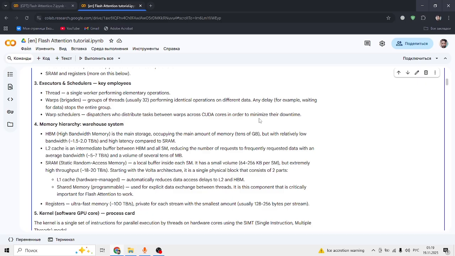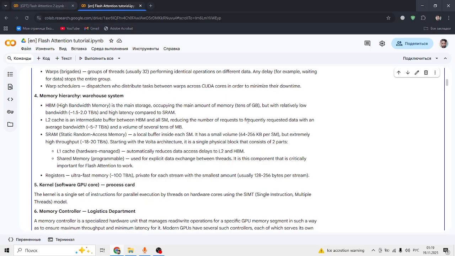across CUDA cores to minimize their downtime. Okay, now we'll look at the most important thing for this topic, and this is the memory hierarchy, or warehouse system. So HBM, high bandwidth memory. This is the main storage. It consists of a lot of gigabytes on modern GPUs.